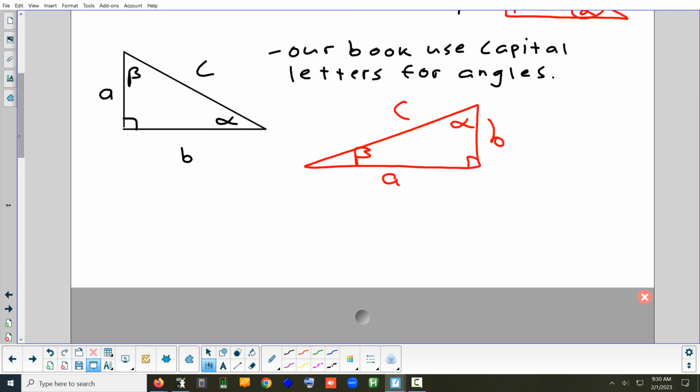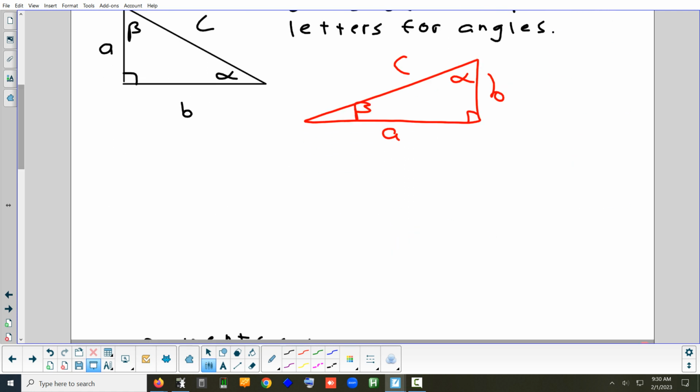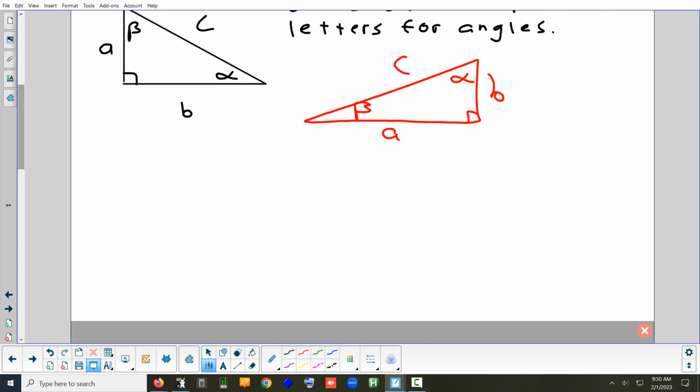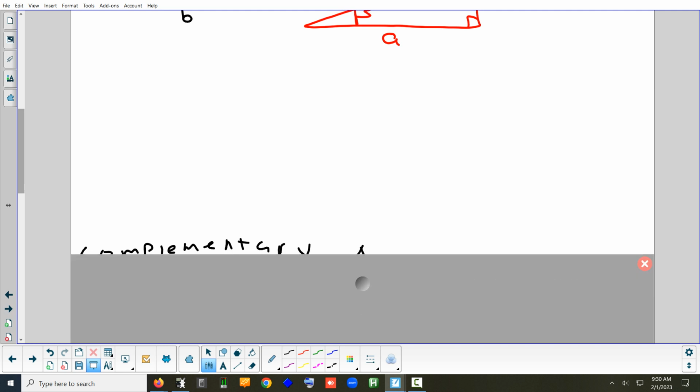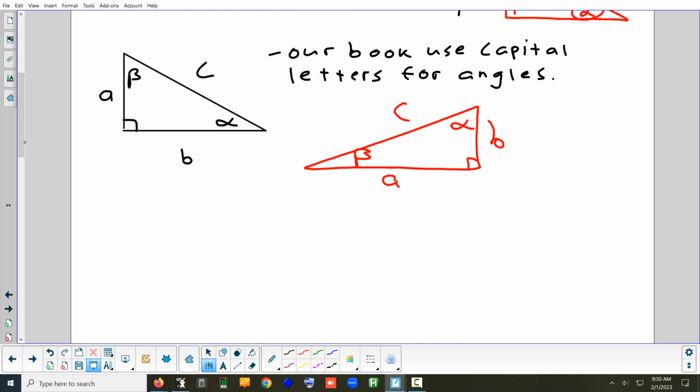All right, it doesn't matter which triangle, they're exactly the same. We're going to look at finding a couple trig functions, and I want to show you something that's going to happen with complementary angles. All right, let's make up a problem.